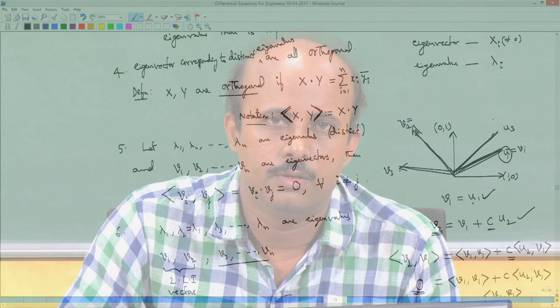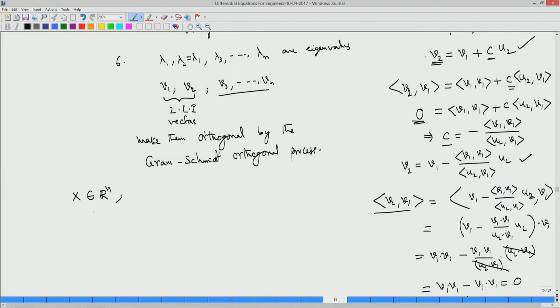So, once you have orthogonal vectors, any vector x in Rn, I can write in terms of all these eigenvectors, all these orthogonal vectors. I can make some linear combination of these Vi's, i from 1 to n. This is true for any x, we can have this representation.